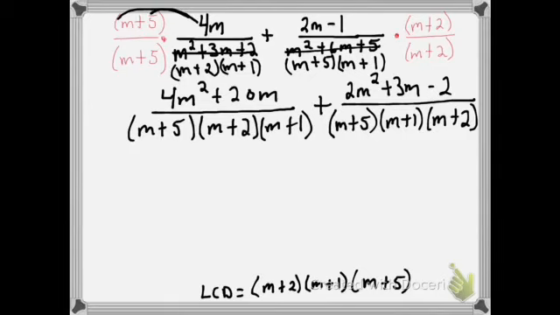So when you add those like terms on the top, the 4m squared plus 2m squared is going to be 6m squared. And then the 20m and 3m are going to get added together. It's going to be 23m.